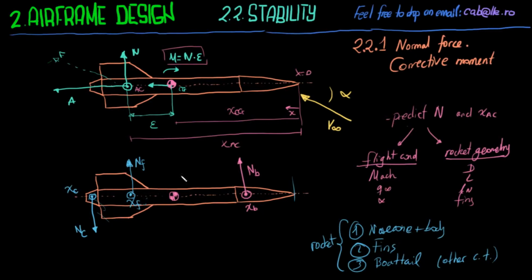So what this means is that the overall effects of the added parts, if we add the effects of the fins plus the boat tail plus the body and nose cone, it's going to be exactly the same as having one normal force at another aerodynamic center, an aerodynamic center of the whole rocket.